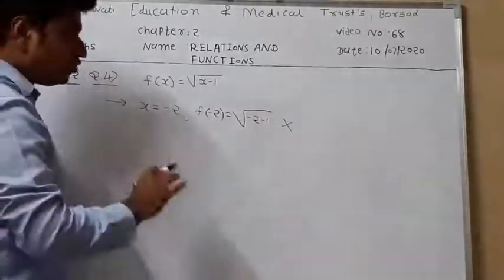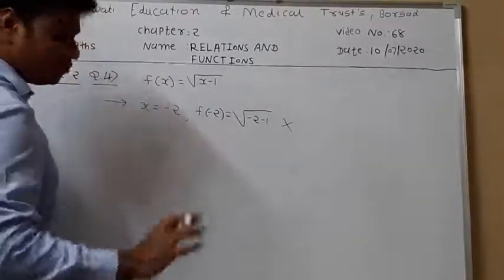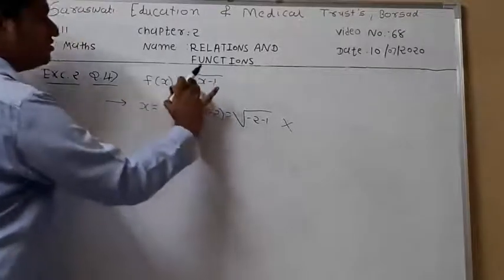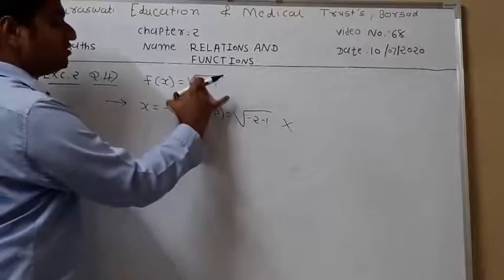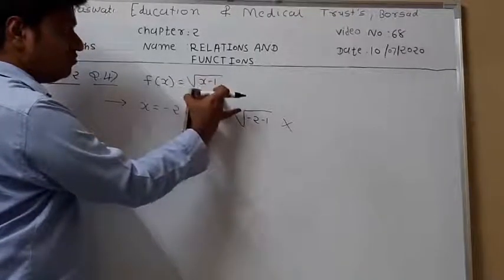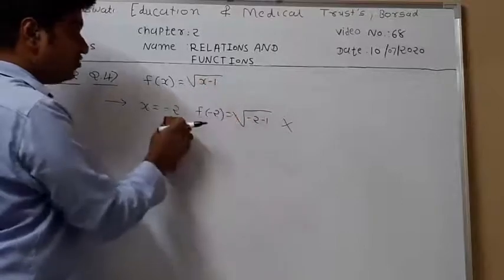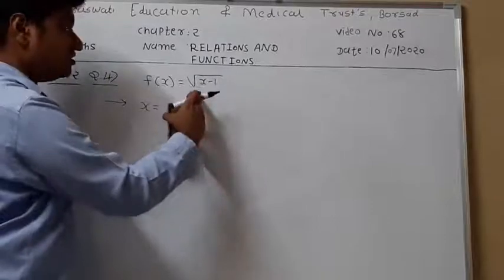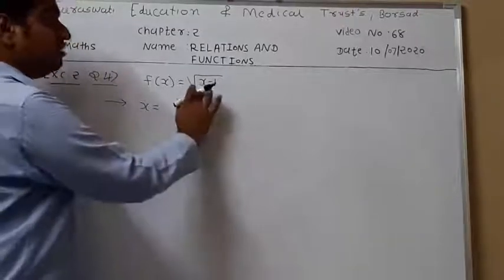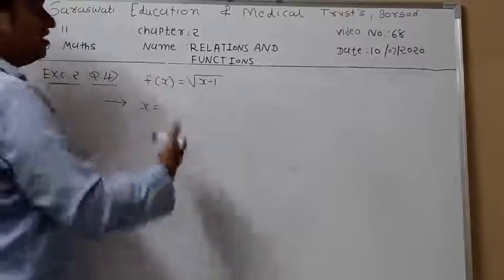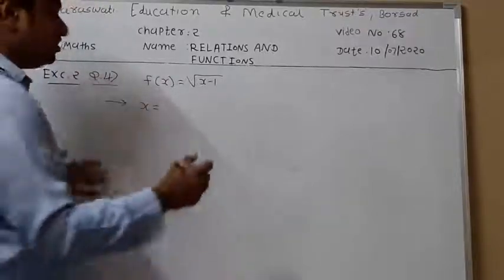And in under root form, a negative value is not possible, so we cannot consider this value. Now substitute x equal to minus 1: minus 1 minus 1 is minus 2, also not considered. Suppose x is equal to 0: 0 minus 1 is minus 1, again we cannot consider it. So that means here we can consider only positive numbers.